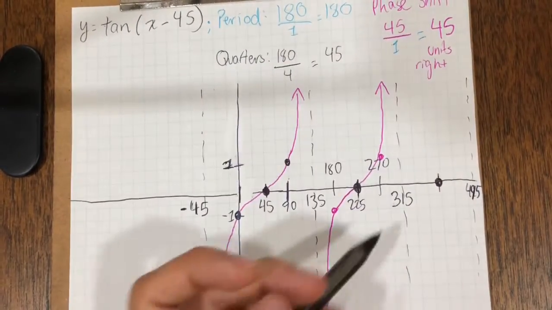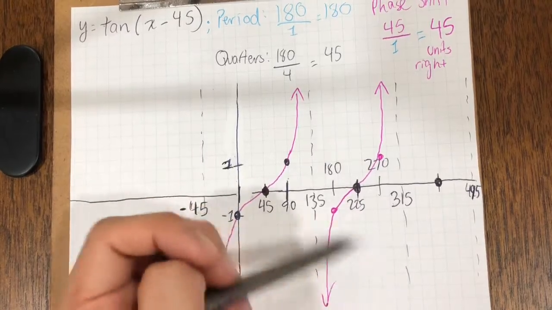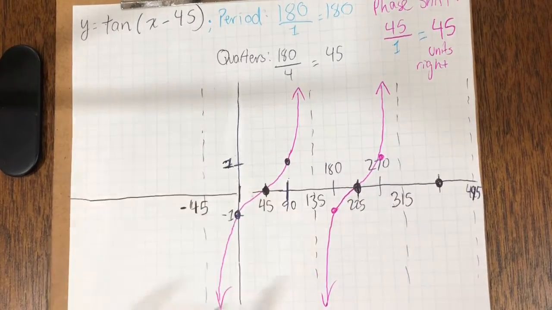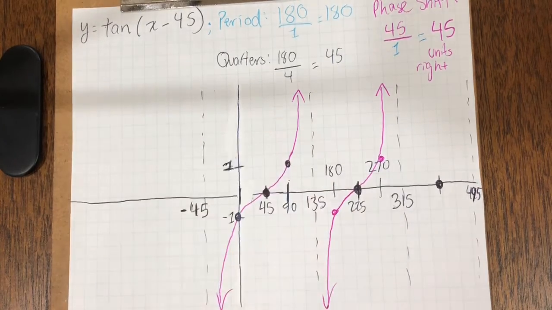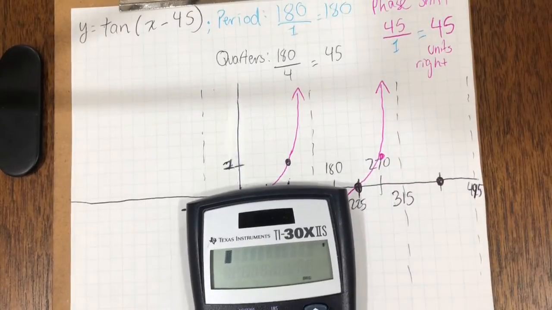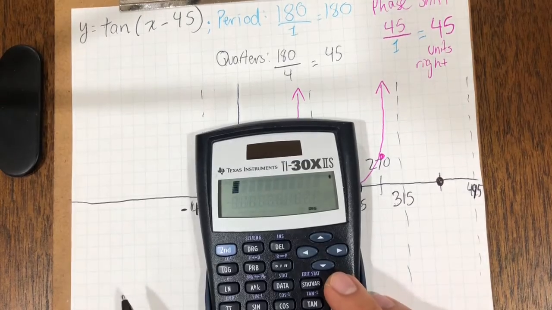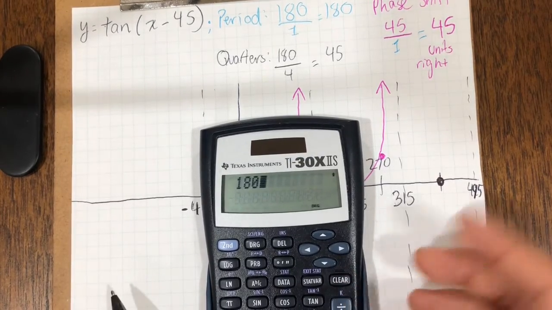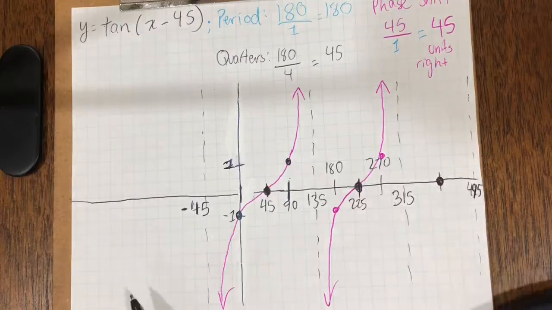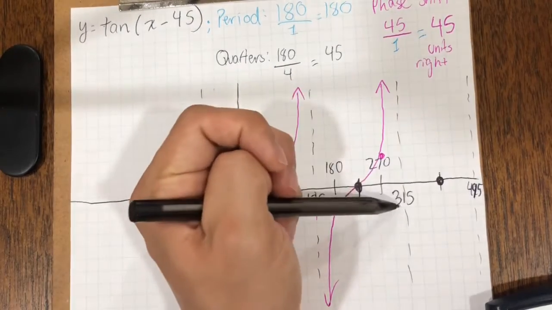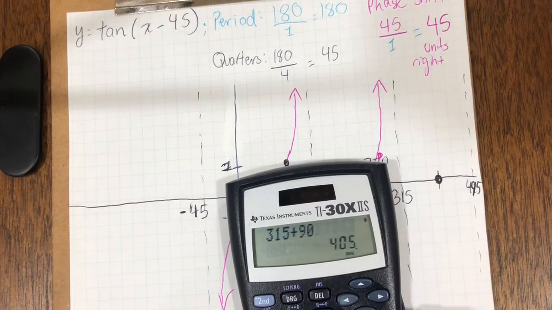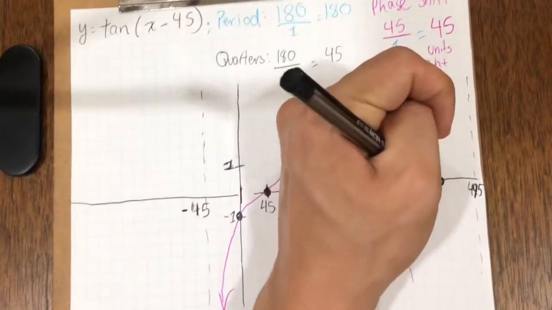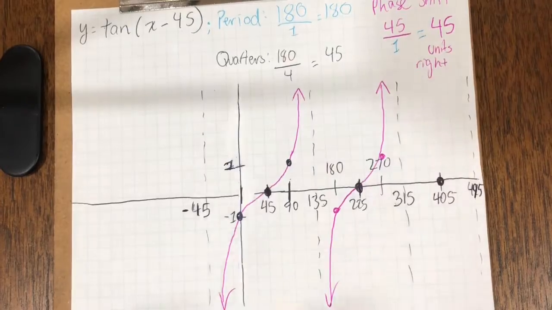Now, instead of constantly adding by 45, which could help, by the way, to figure out the middle number, I can take the period, which is 180, and take half, which is 90. And then if I do 315 plus 90, I get 405. So that means that my middle number is 405.